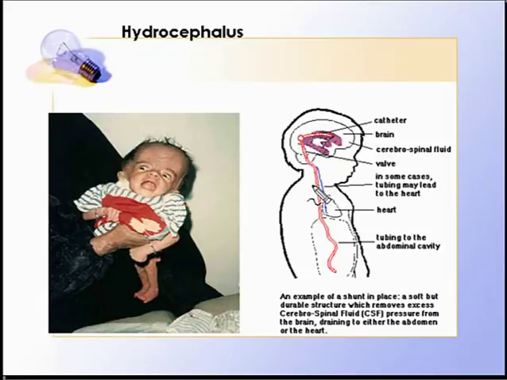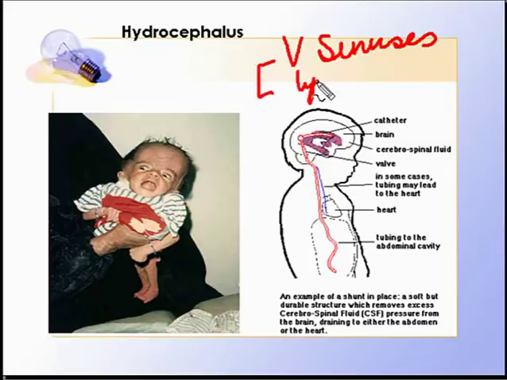Now the absorption, as I said, is most of the time into the venous sinuses, but a little bit of the absorption is in lymphatics and in some of these spinal veins.